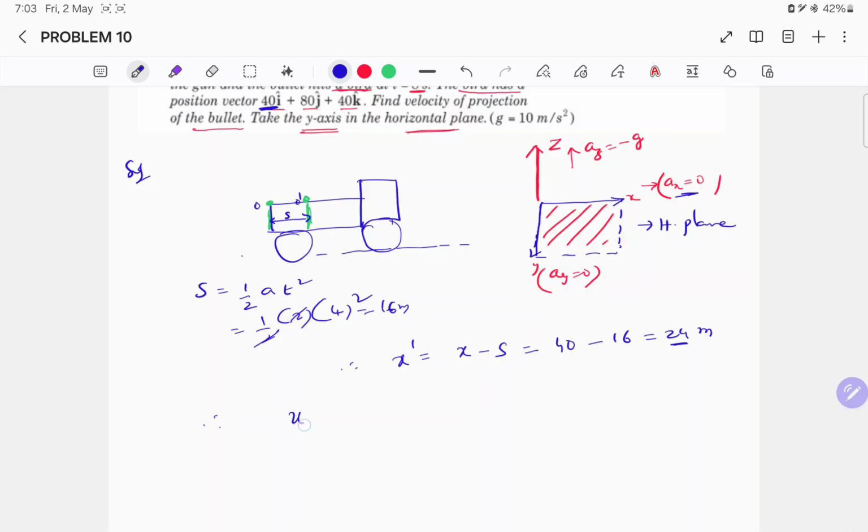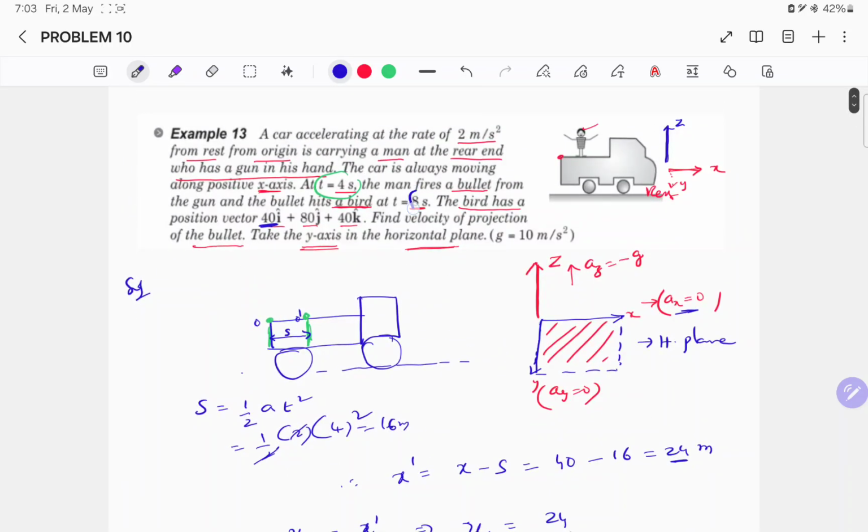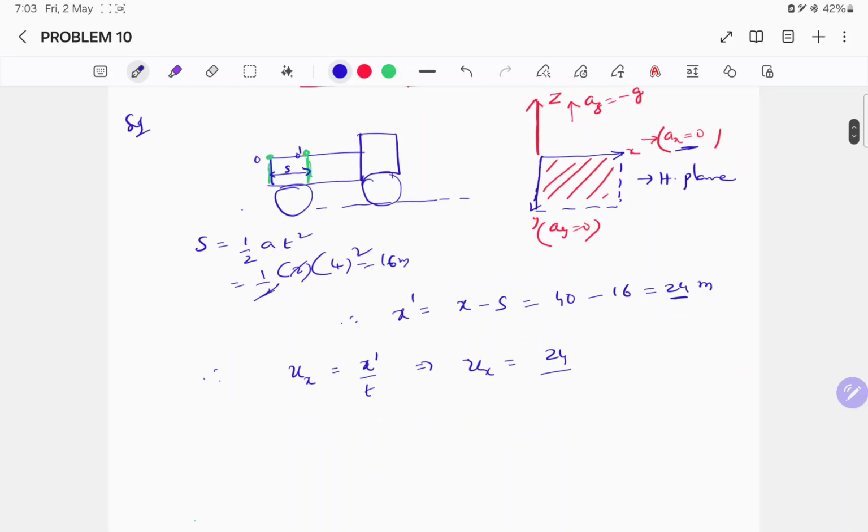Say it is ux, with what velocity he needs to project the bullet along the x-axis. So ux is equal to x dash by t. X dash is now 24, and the time interval is 4 seconds to 8 seconds, an interval of 4 seconds, so it will be 6 meter per second along i cap, right?